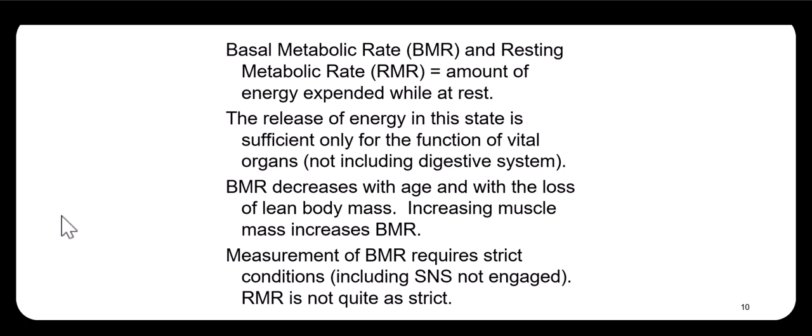So it's the amount of energy needed to run vital organs, not including the digestive system, or RMR, of course, will take in the digestive system. Again, with the acronyms, make sure you know what the acronym means. You might get asked about basal metabolic rate and get basic, mechanical, whatever, I don't know, as an option.